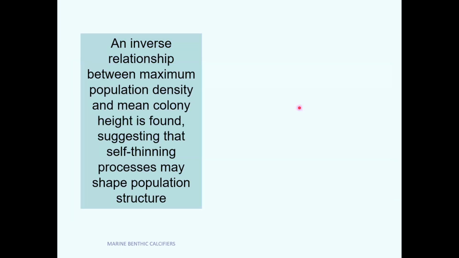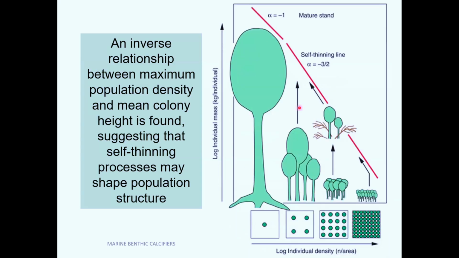It has been suggested that many of these organisms, especially the long-lived ones, like some of the corals, scleractinians, and sponges, which are not clonal but massive organisms, have a tendency to occupy as much space as they can, and follow the thinning rule.